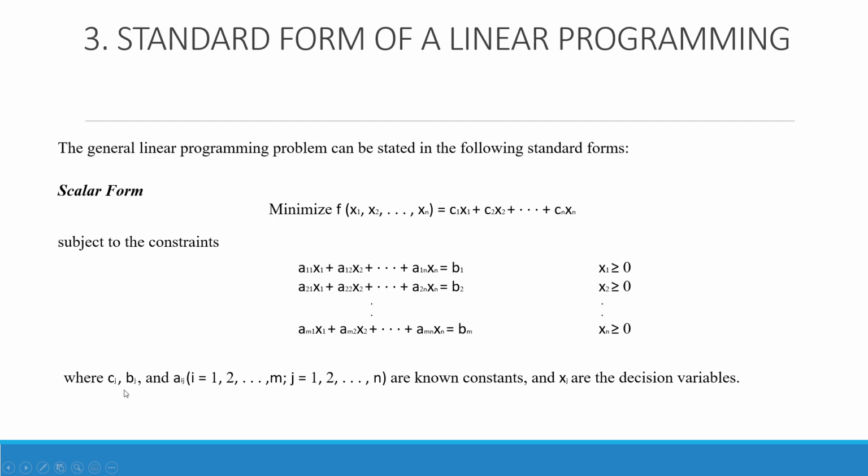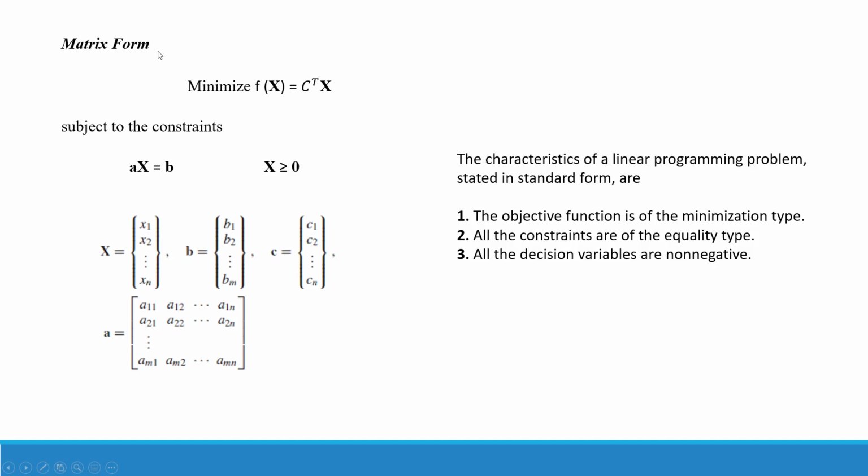If we look at c, b, and a, they are constants, and x are going to be the decision variables that we need to calculate. In the matrix form, there is the minimized function, and subject to the constraint Ax equals b. We can see the difference in how to write it in matrix form.